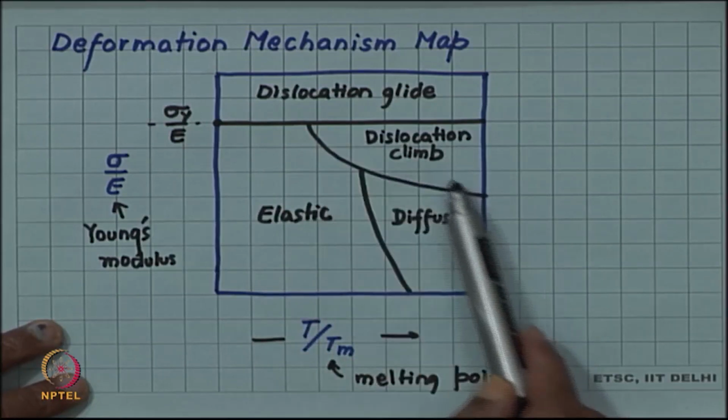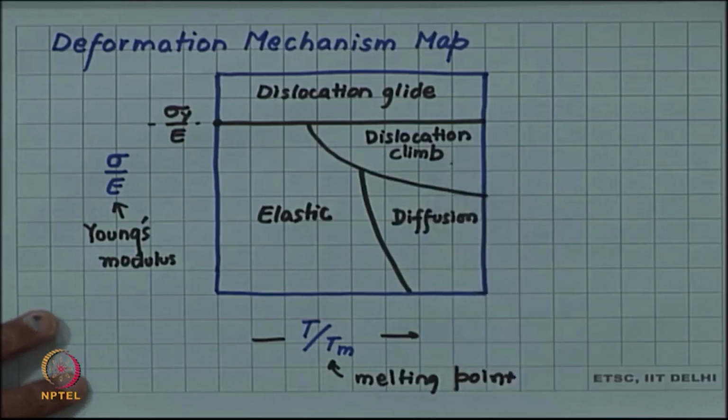So, this regime, the dislocation climb and diffusion regime, is the creep regime, and the glide regime is the normal plastic deformation, and the rest is elastic deformation. So, this kind of deformation mechanism map can help in understanding the various mechanisms of plastic deformation as a function of stress and temperature.